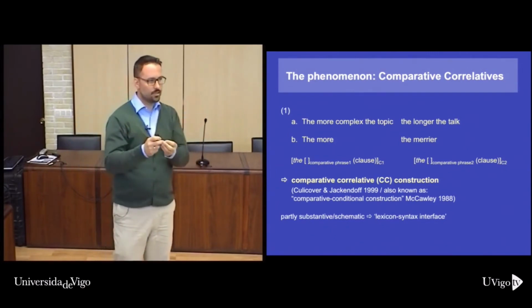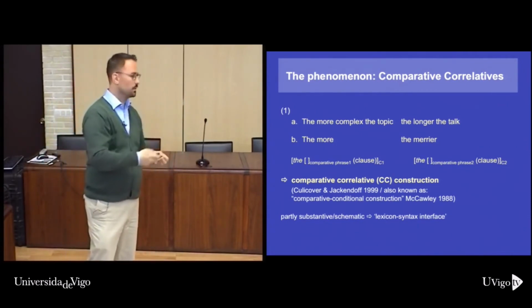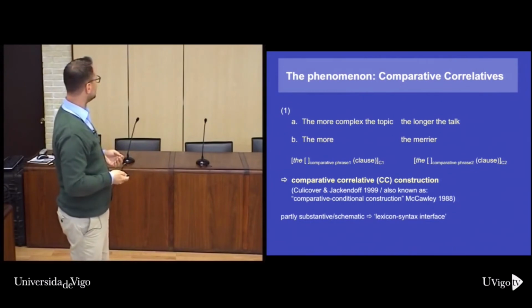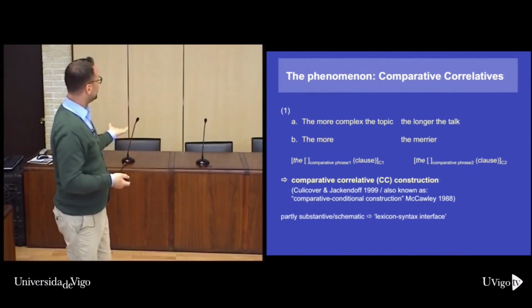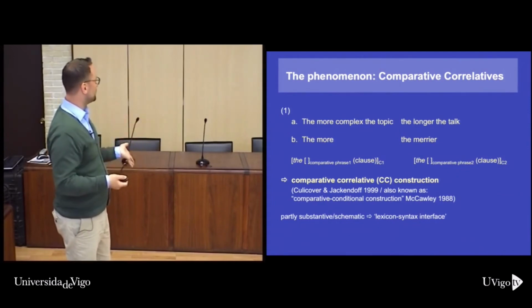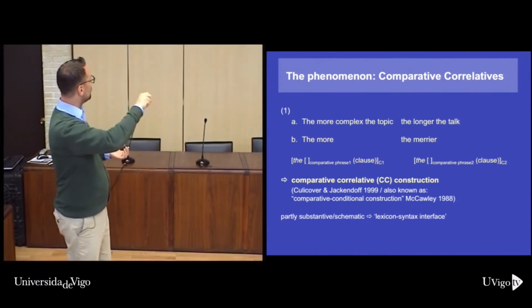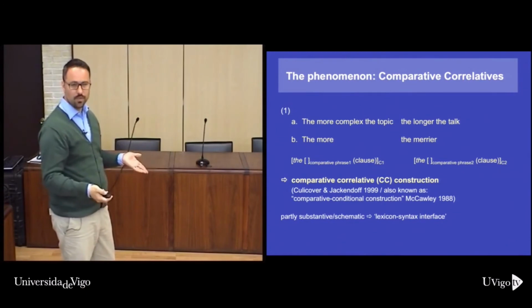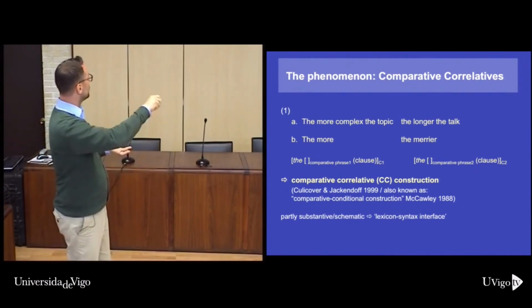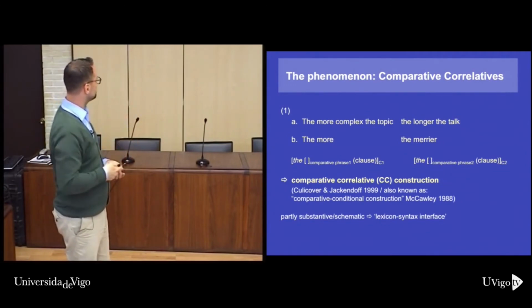And it's assumed that the more you go on one scale, the more it's going to affect the scale of the second one. Okay. Now these are clearly, even the most abstract ones here, at least in between the lexicon-syntax interface, okay? Because the slot is filled, and there are many lexicalizations like the more the merrier. These are idioms that are stored, and everyone would assume they have to be stored, and you've got the creative ones that can be filled with the slots as we've specified them here and here.